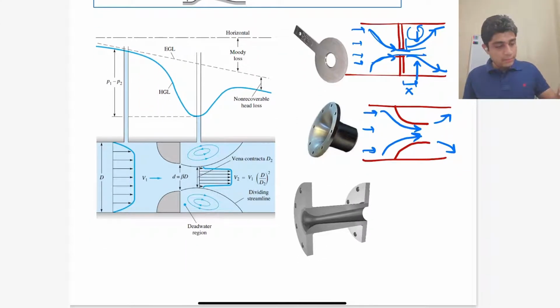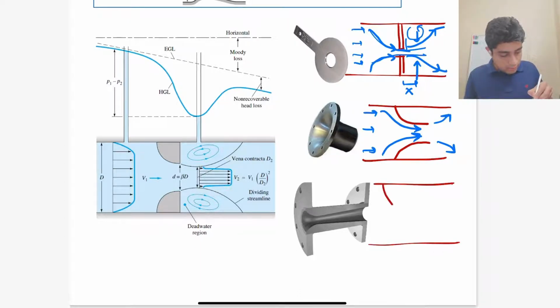But a Venturi nozzle basically solves all this problem. It gets rid of the vena contracta, as well as it guides the fluid through a diffuser section so that it can expand smoothly. The basic geometry is that you have a contraction initially, and then you have a diffuser section.